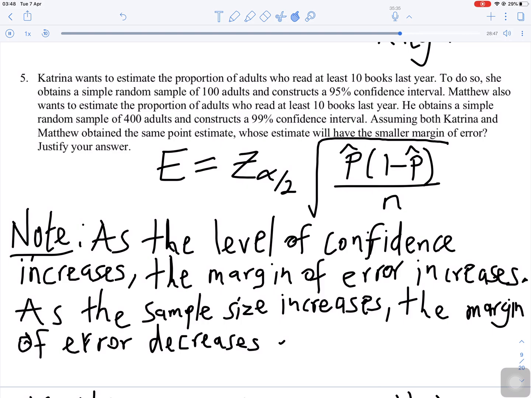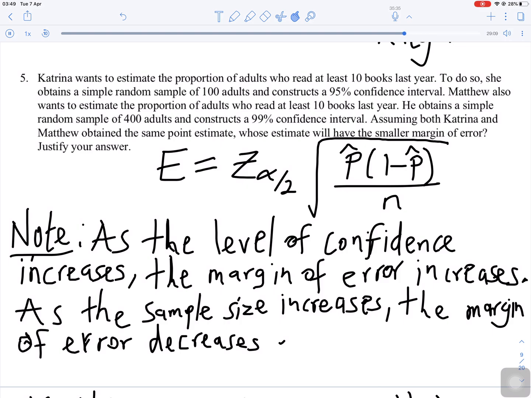Now question 5. It says Katrina wants to estimate the proportion of adults who read at least 10 books last year. To do so, she obtained a simple random sample of 100 adults and constructs a 95% confidence interval.